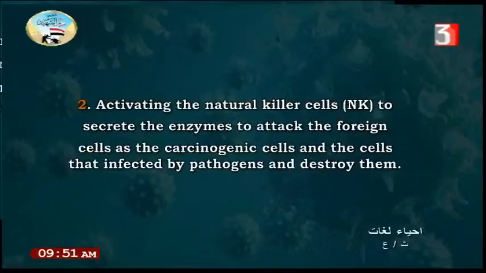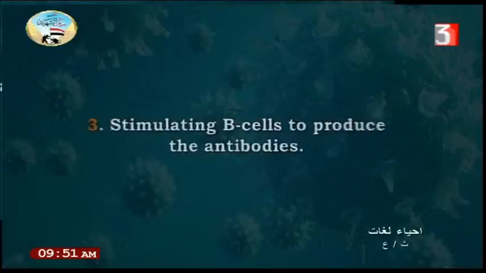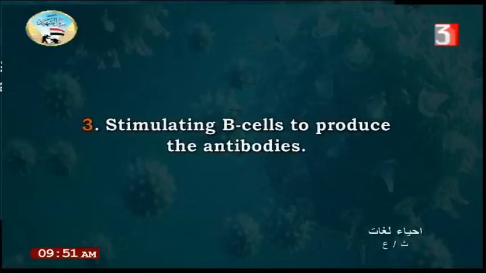Activating the natural killer to secrete enzymes from the lysosome, which attack this foreign body and cells such as carcinogenic cells, the cells infected by the pathogen, and destroy them. Destroy them means killing them, by stimulating B cells to produce the antibodies.